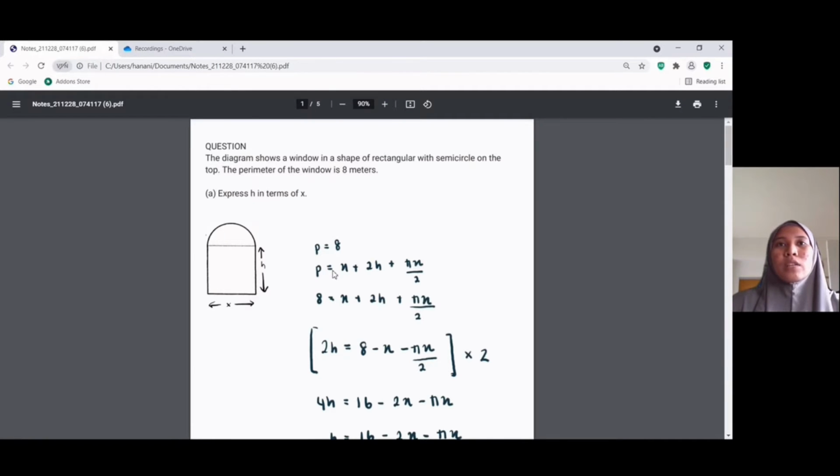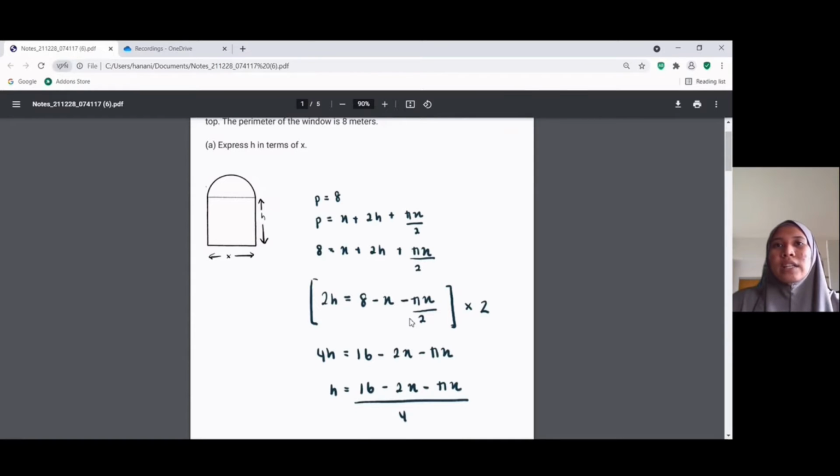So P is equal to x, this is x, plus 2h, h and h, plus pi x over 2, which represent the semicircle. P and P, the same thing, so we equate both of the equation here. 8 is equal to x plus 2h plus pi x over 2.